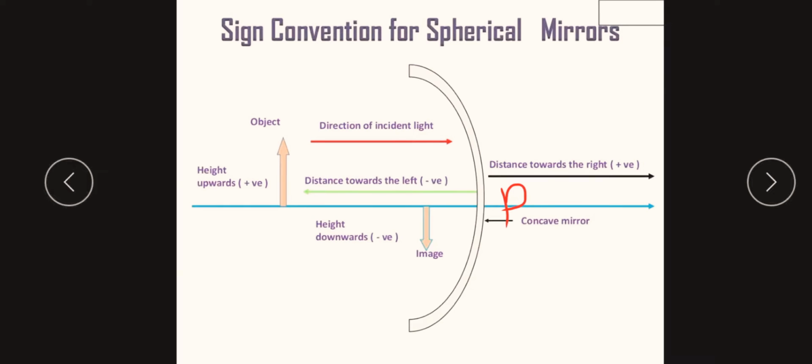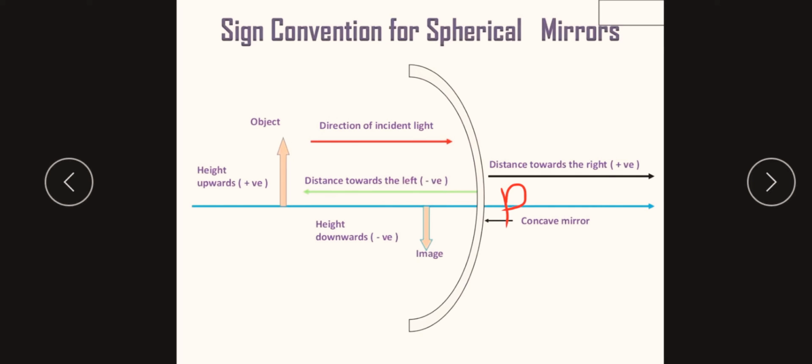Once again, I will explain all three sign conventions. All distances should be measured from the pole of the mirror and along the principal axis. Second, all distances measured along the direction of incident light are taken positive. If the incident light is from left to right but the measurement is from right to left, so the two directions are opposite, you need to take the value as negative.